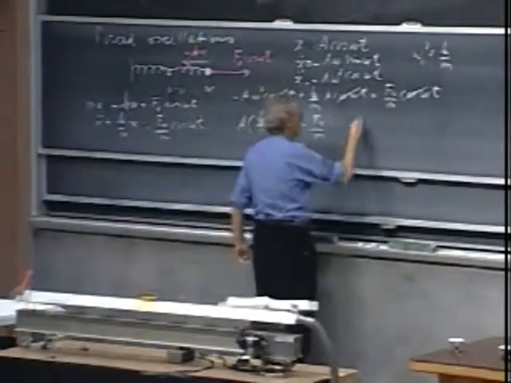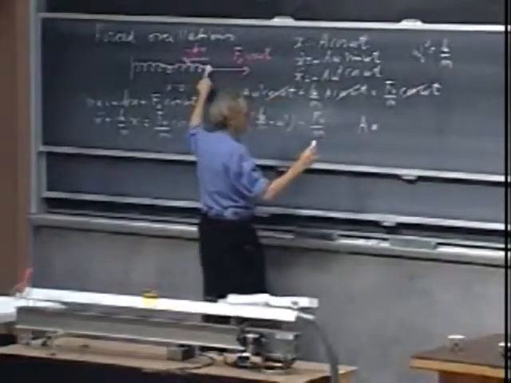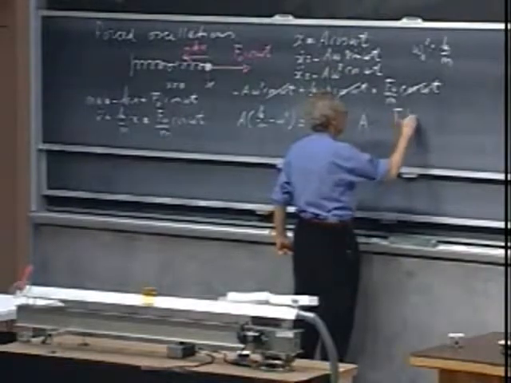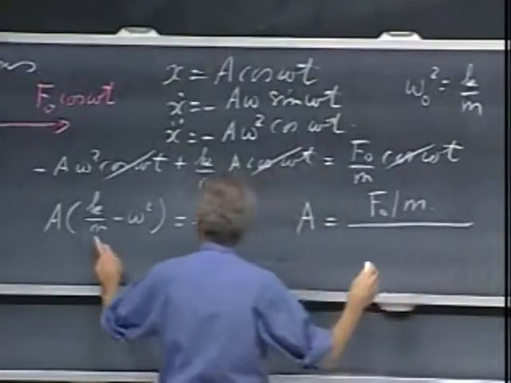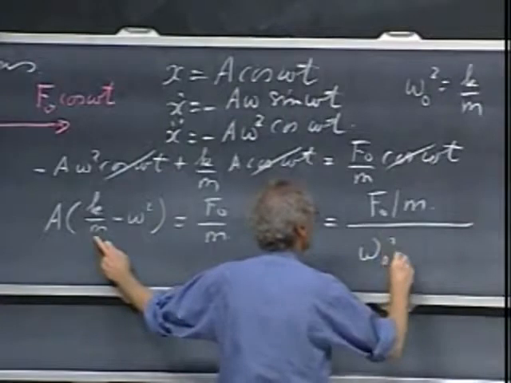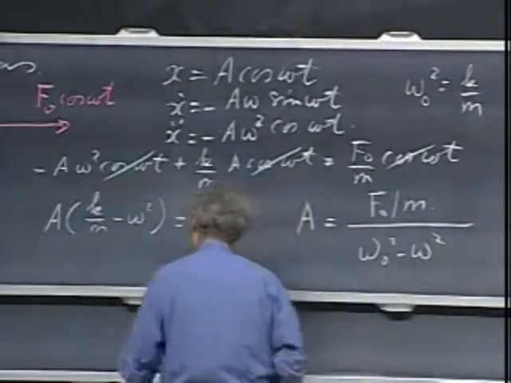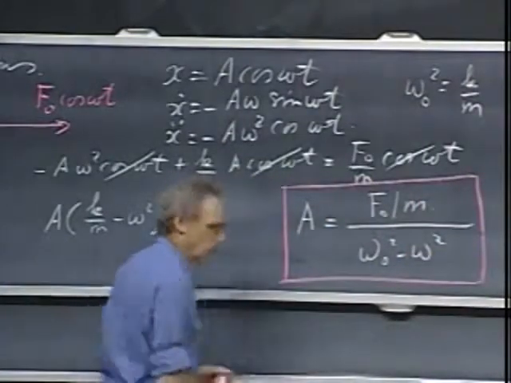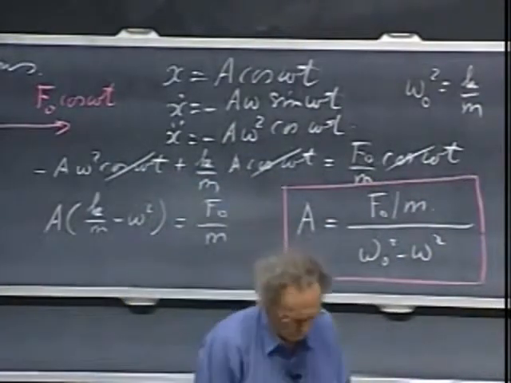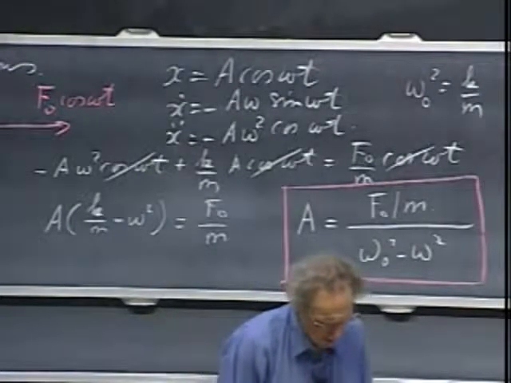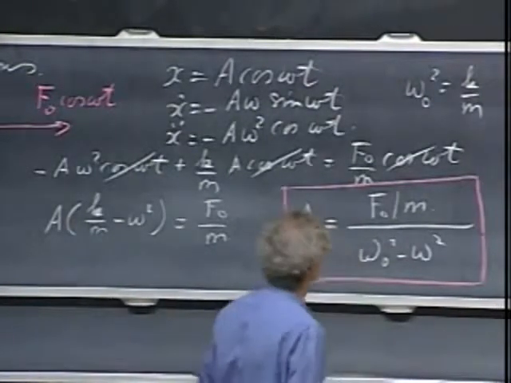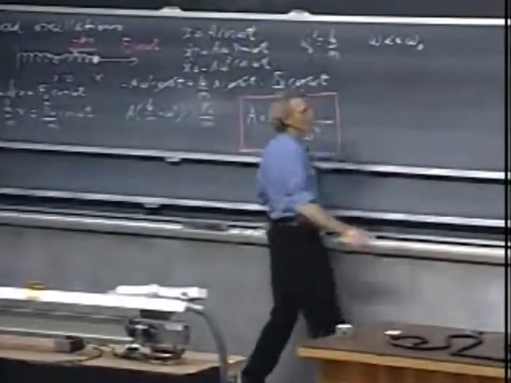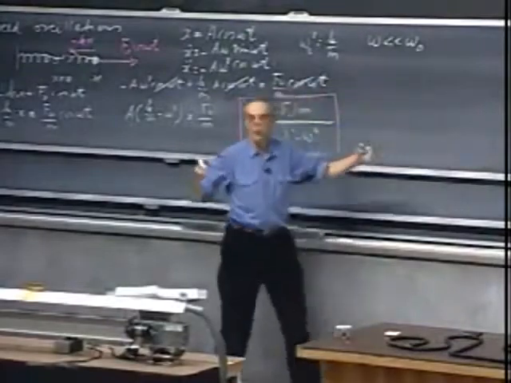And so I find then that the amplitude of this object here at the end of the spring will be F0 divided by m divided by omega 0 squared minus omega squared. And this amplitude has very remarkable characteristics. First of all, if I drive the system at a very low frequency, so that omega is much, much smaller than omega 0, we call omega 0 often the natural frequency.